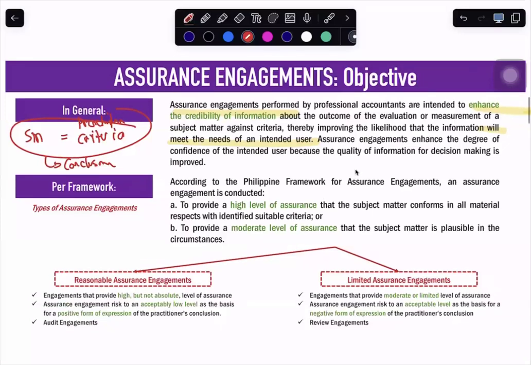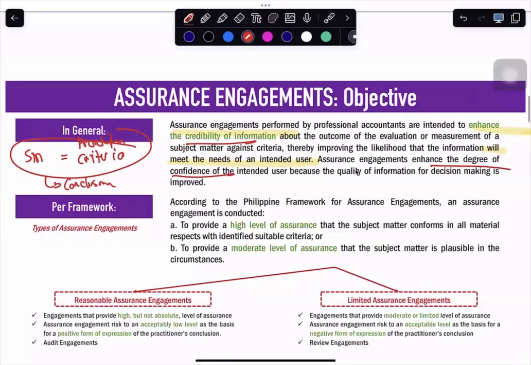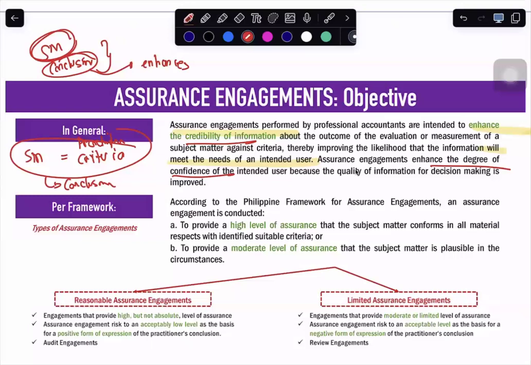Ngayon, bakit enhance yung credibility of information or enhance yung degree of confidence? Because together with subject matter, may dinagdag na conclusion coming from the practitioner. So this conclusion, therefore, the effect is that it enhances the previous information. And what is that previous information? That is the subject matter. So if you get the idea of an assurance, you get the idea of an assurance engagement, generally, you get the idea of an audit.